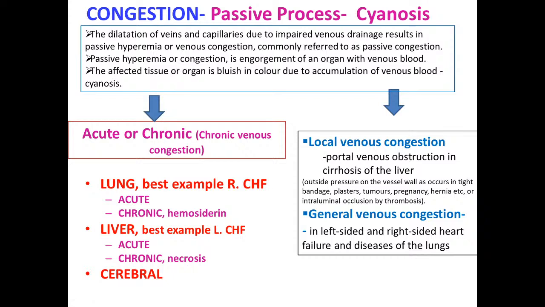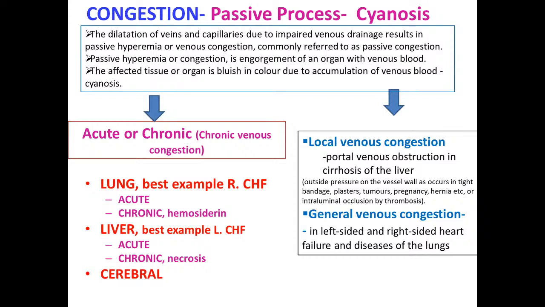Accordingly, venous congestion is of two types. Local venous congestion results from obstruction to the venous outflow from an organ or part of the body: portal venous obstruction in cirrhosis of the liver, outside pressure on the vessel wall, as in tight plaster, tumors, pregnancy, hernia, or intraluminal occlusion by thrombosis.